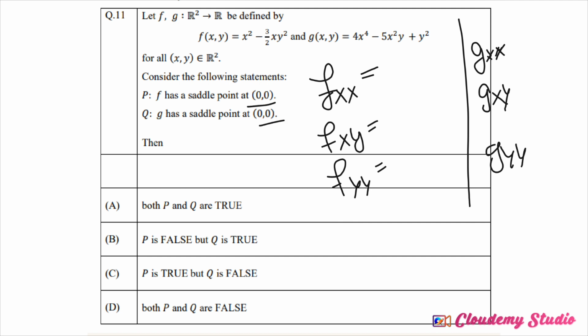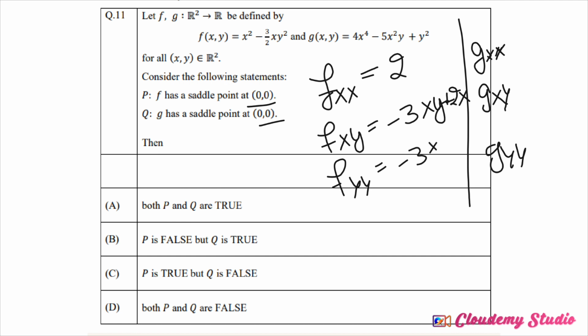Points are given to us as 0,0. So this will be 2 and this will be minus 3x, and this will be, sorry, 2x will also come, and here plus 2x, and this is minus 3x.